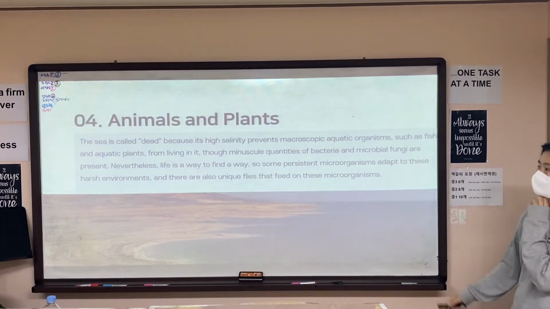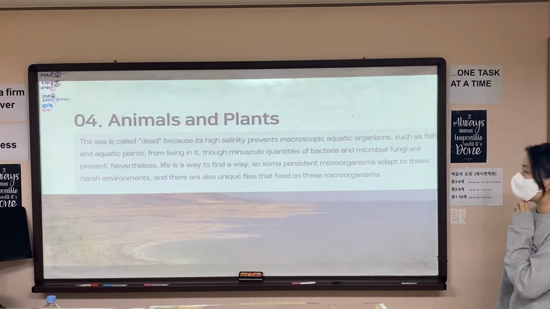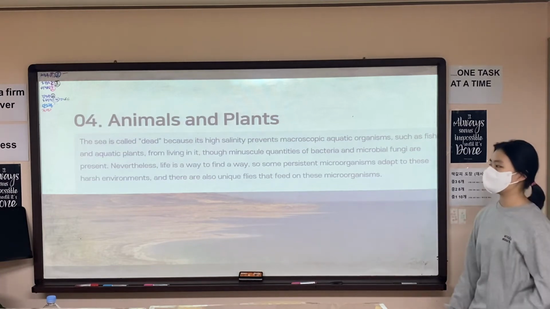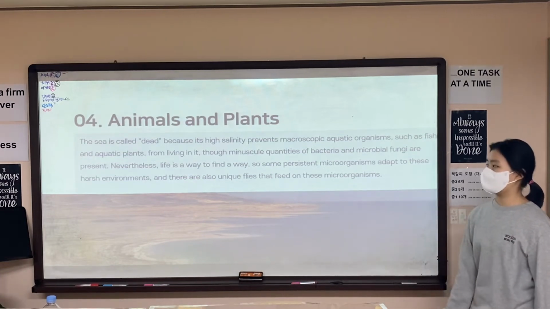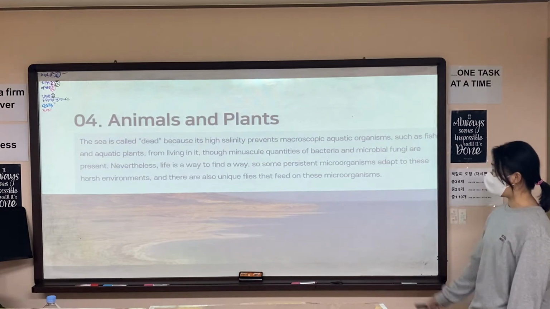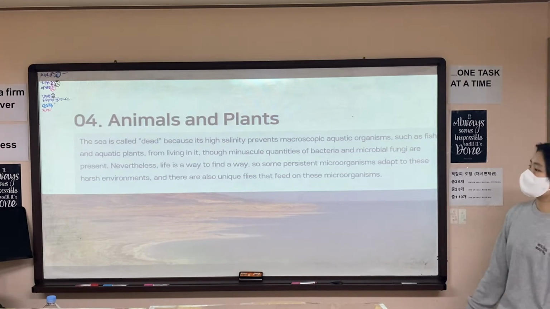This sea is called that because its high salinity prevents aquatic organisms such as fish and aquatic plants from living in it. Minuscule quantities of bacteria and microbial fungi are present.